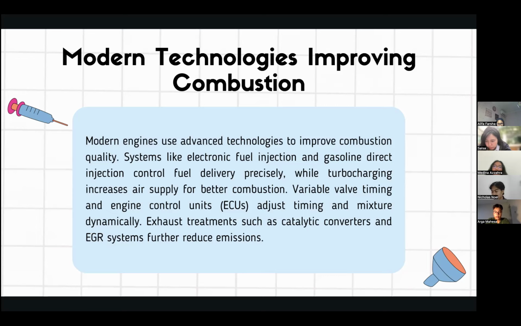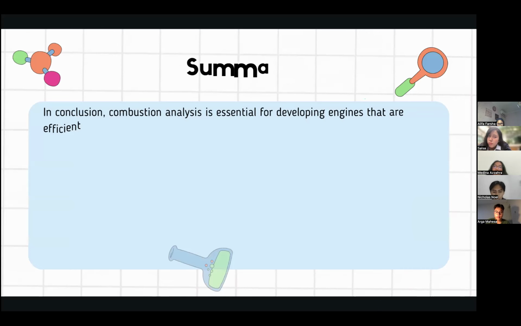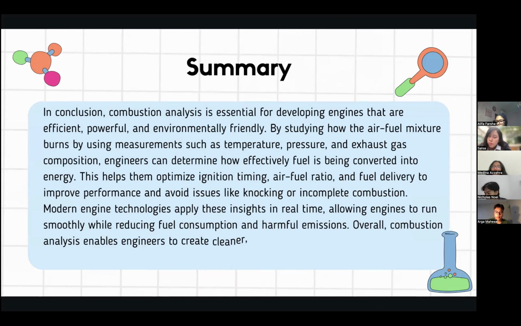This helps to optimize ignition timing, air-fuel ratio, and fuel delivery to improve performance and avoid issues like knocking or incomplete combustion. Modern engine technologies apply these insights in real time, which allows engines to run smoothly while reducing fuel consumption and emissions. Overall, combustion analysis enables engineers to create cleaner, more reliable engines that meet modern performance and environmental standards.